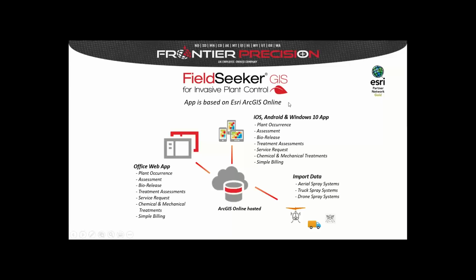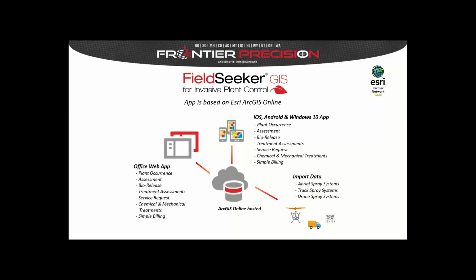So this is a diagram of our FieldSeeker for invasive plant control product. Again, the app is based on Esri ArcGIS Online, so it does require that licensing. It comes in two parts. The Office web app is complete with a dashboard landing page with full GIS mapping capabilities.